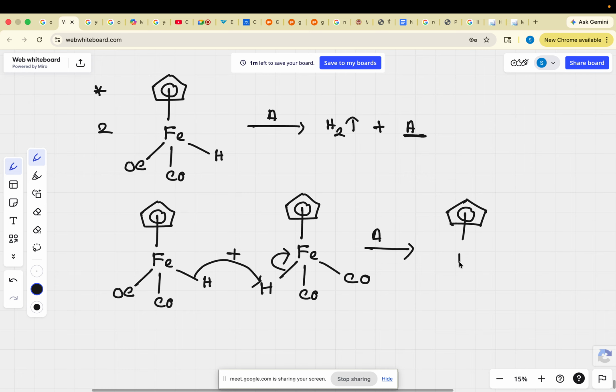You have Fe here, CO is there, CO is there. It is also attaching with another metal center, iron. So this is the compound you will get. Clear? Any doubt?